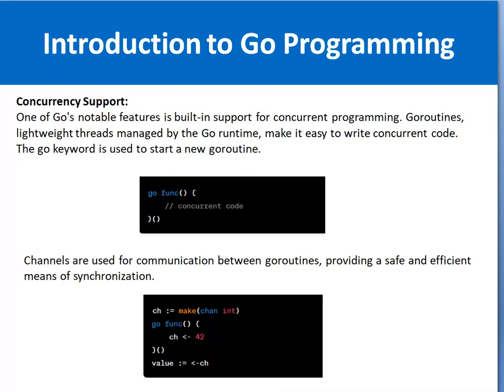Channels are used for communication between goroutines, providing a safe and efficient means of synchronization. For example, this is the code: ch := make(chan int), go function, ch <- 42, and then the value is assigned as ch. So this is the syntax of Go programming. Maybe you notice that conceptually it is the same if you already use Java or any other language like C#.